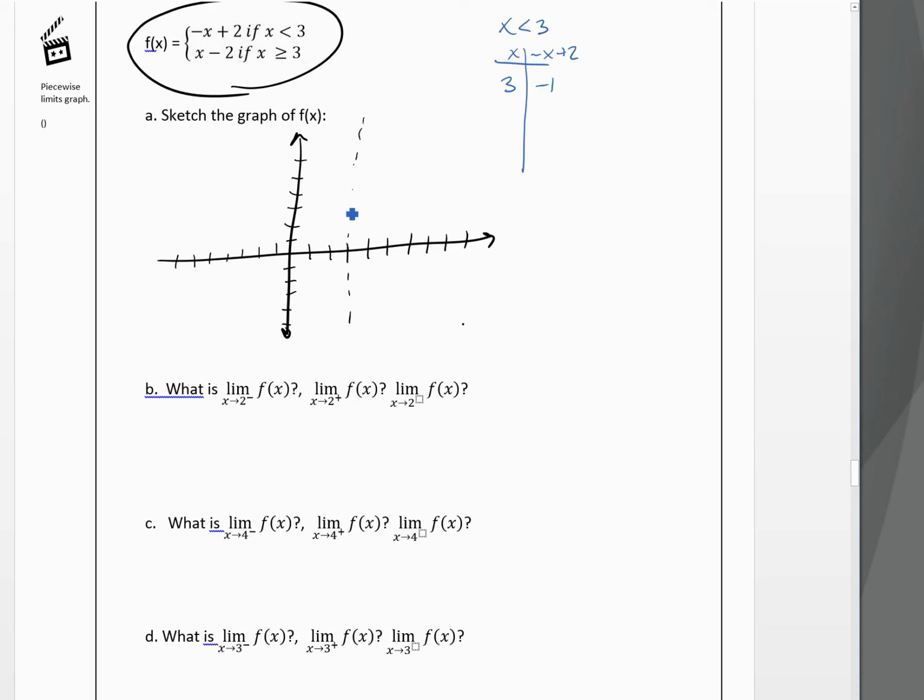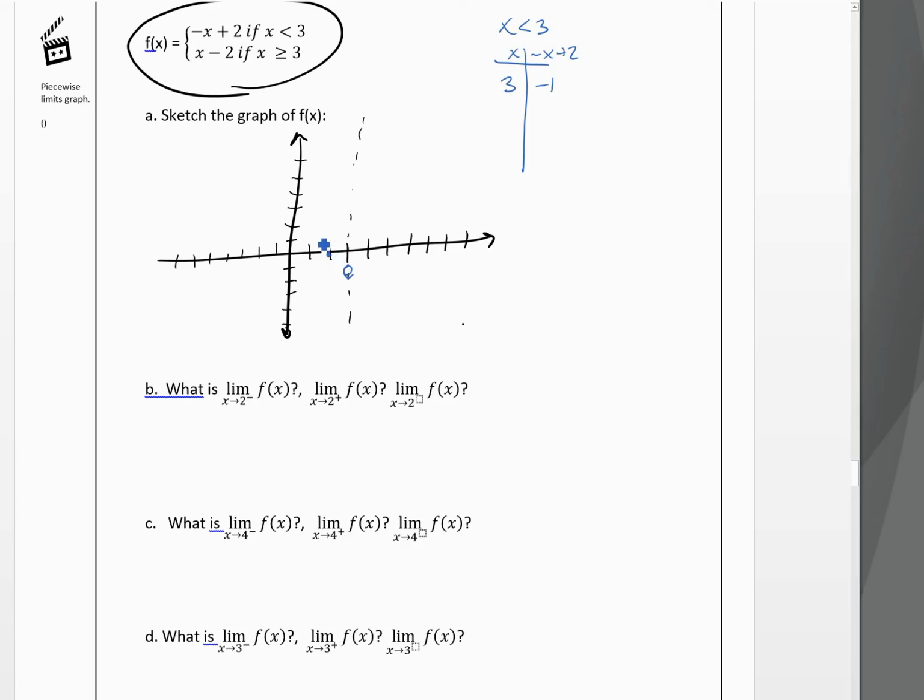Since that's just a less than and not a less than or equal to, we're going to put an open dot there. Now, this is just a line, mx plus b, and the slope is negative 1, which means it's a negative slope line. So we can go up 1 and to the left 1 to get another value.